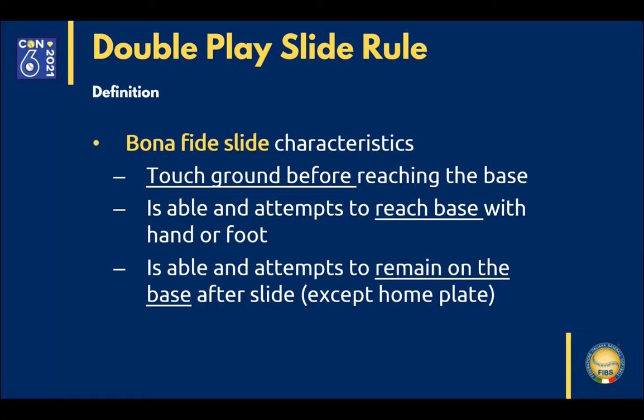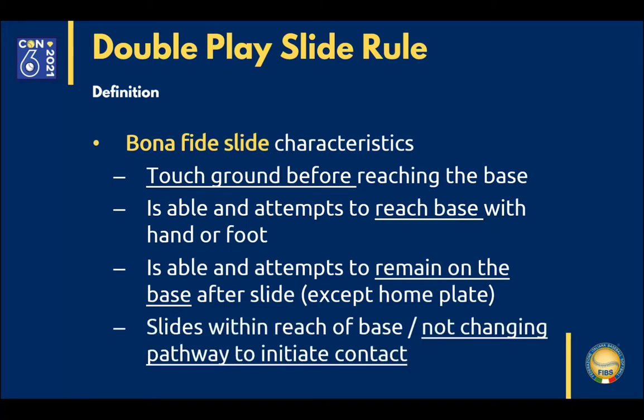Third, the runner is able and attempts to remain on the base after the slide. This applies to all bases except for home plate. At home plate you can overslide. But on all the other bases, you must be able and attempt to remain on the base. You may not overslide. And fourth, the slide is within the reach of the base.